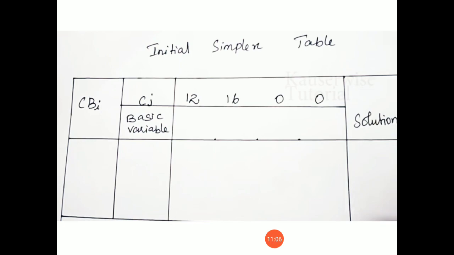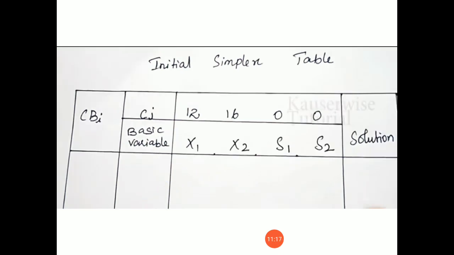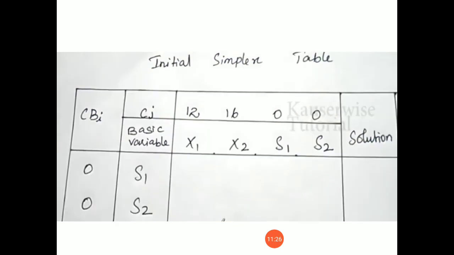Then I wrote all the basic variables in this question: x1, x2, s1 and s2. Then I wrote the newly introduced basic variables, the slack variables s1 and s2, below the basic variable column, and I wrote their coefficients in the objective function in the CBi column.